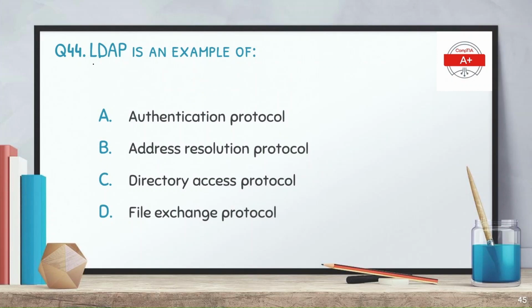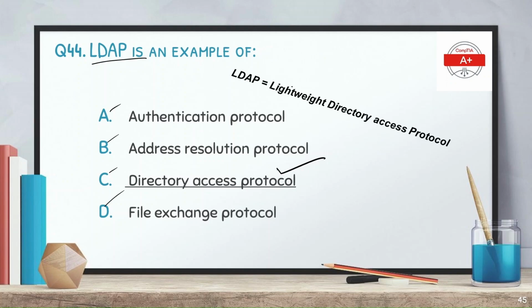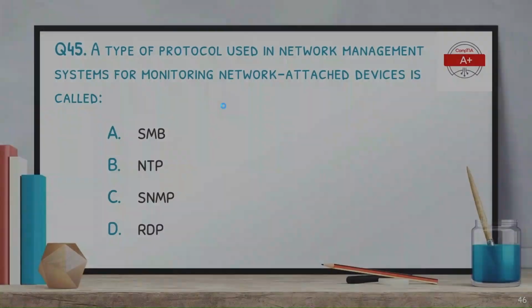Question number 44: LDAP is an example of, and the options are A, authentication protocol, B, address resolution protocol, C, directory access protocol, and D, file exchange protocol. The correct option is directory access protocol. LDAP stands for Lightweight Directory Access Protocol.